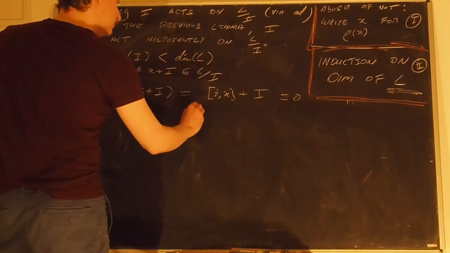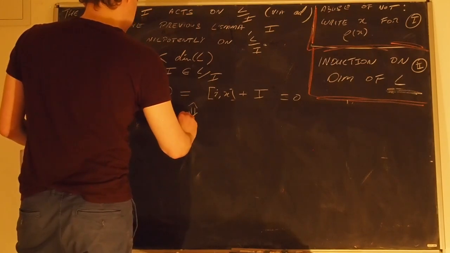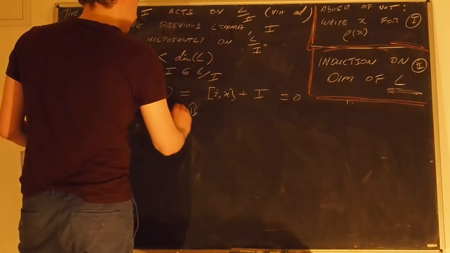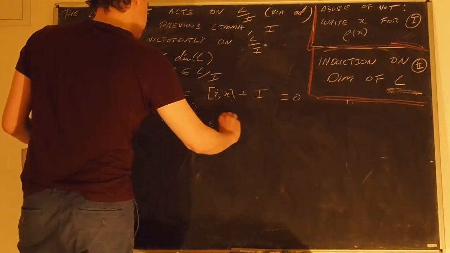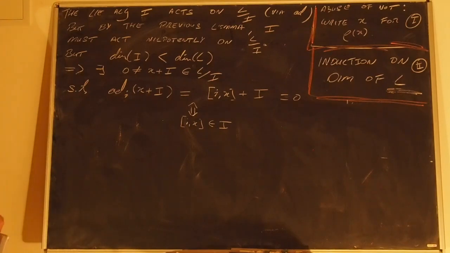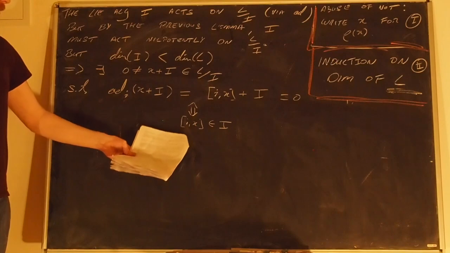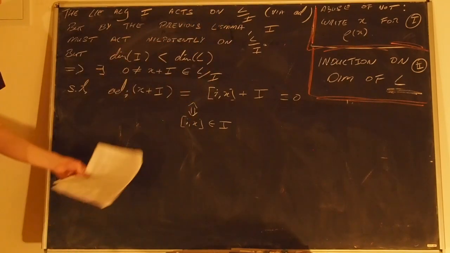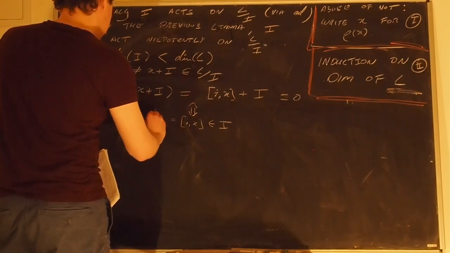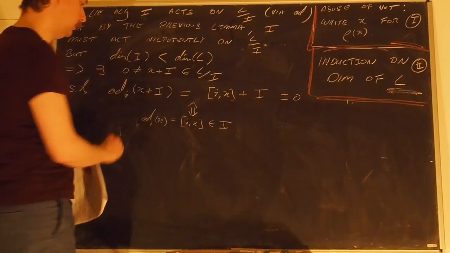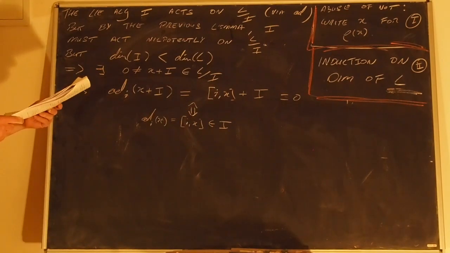Which is of course equivalent to, so we found an x in L actually, such that the adjoint action is contained inside I. Right?